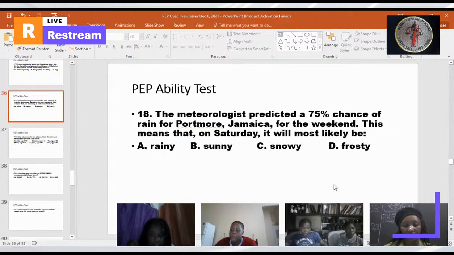This means that on Saturday it will most likely be A. Rainy, B. Sunny, C. Snowy, or D. Frosty. Miss, can I please answer? A.